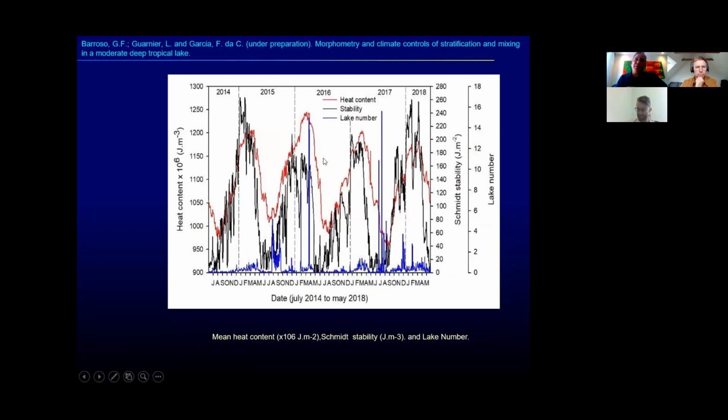And after the first frontal system, the cold fronts that come from the south of the continent, from Patagonia, reached this region at the end of April and early May 2016, that caused the mix of the water column, and the anoxic bottom water came all the way to the surface and caused a massive fish kill in the lake.